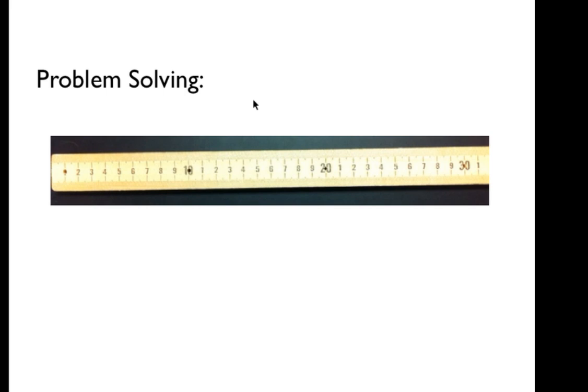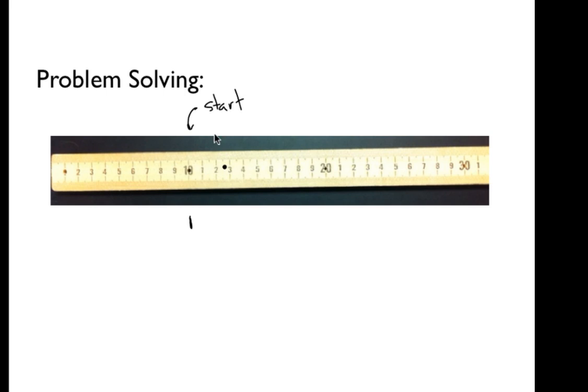Okay, so let's take a look when we're looking at straight lines. Again, if we think about this in straight line motion, this is our starting point at 10 centimeters. Hopefully you can read this well.